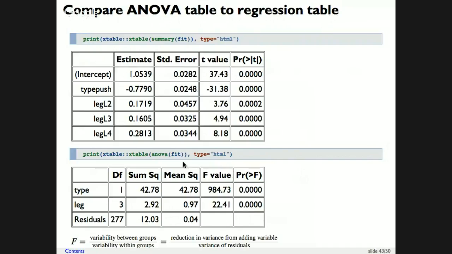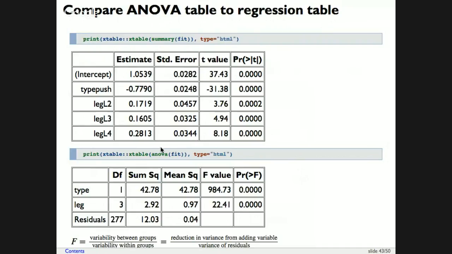This type of analysis of variance and F-test is based on comparing a model with type and intercept to a model with just intercept. So it's comparing like a null model, intercept only, to a model with this one variable in it. But you can actually use ANOVA to compare any two models on the same data.